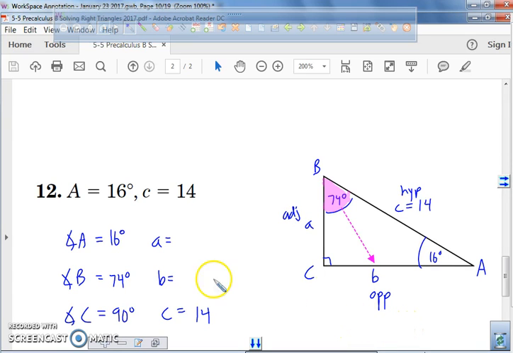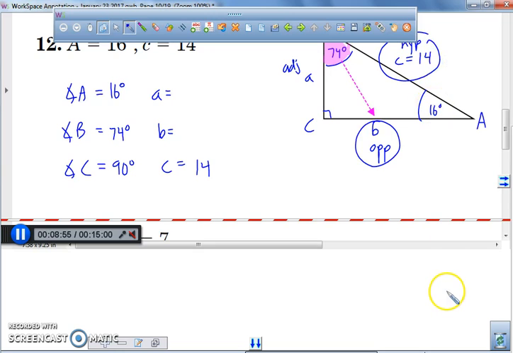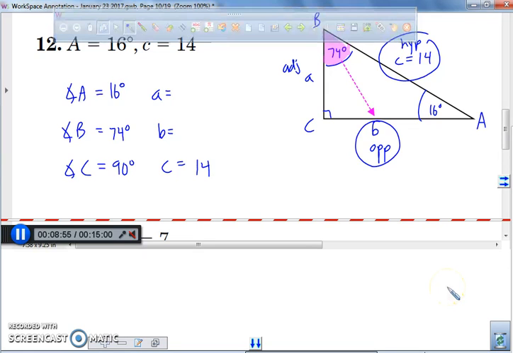Adam, which one do you want to find? A or B? Doesn't matter. B? All right, find B. If you want to find B, here's what you have. That's my opposite side. That's my hypotenuse. Opposite, hypotenuse.